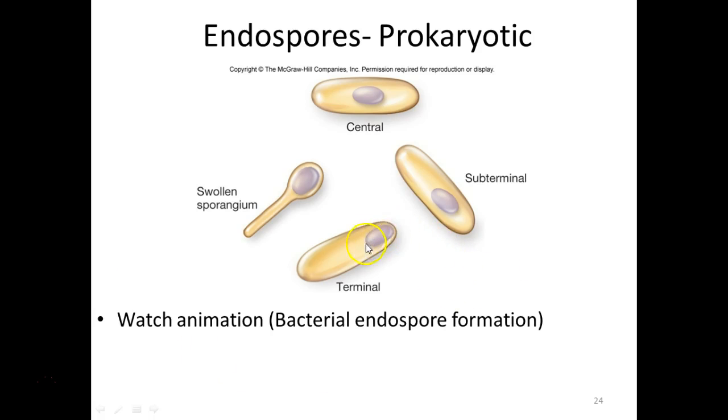The spores themselves can be this oblong, oval shape, or they can be more of a spherical shape. This one isn't quite spherical, but pretty close. So that's another thing they'll look at, its actual shape of the spore.